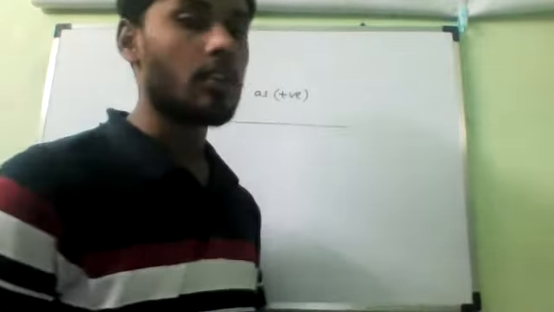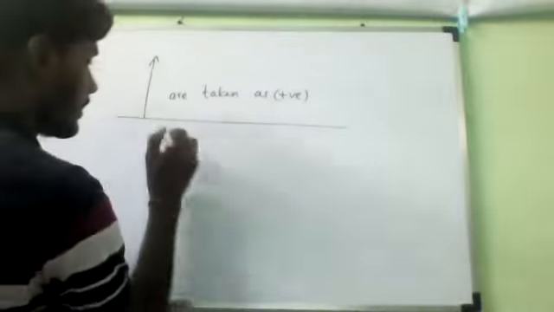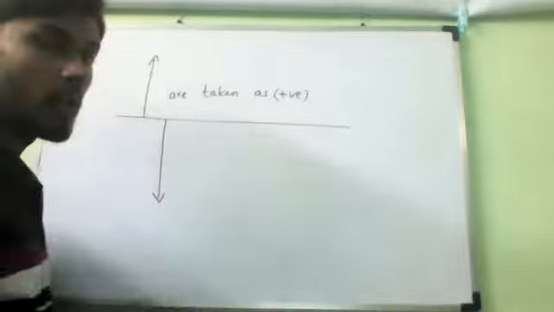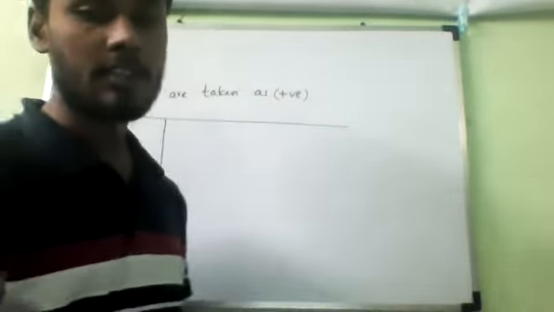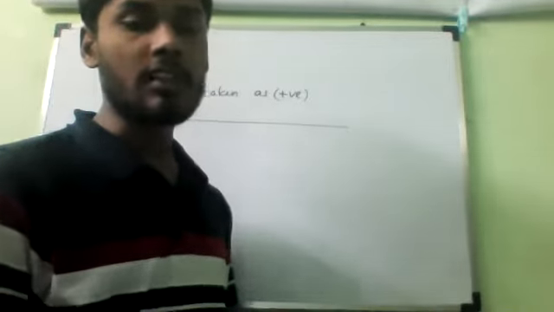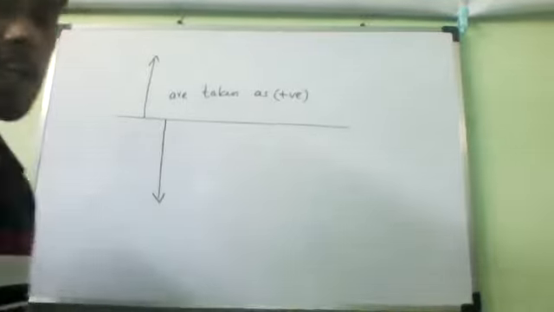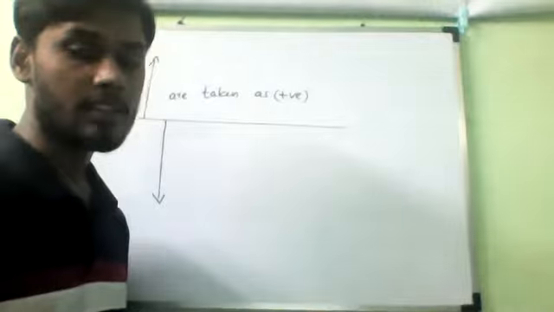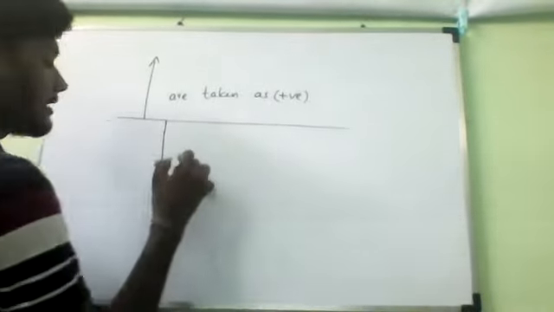Next, last point. Distances measured downward and perpendicular to the principal axis are taken as negative.